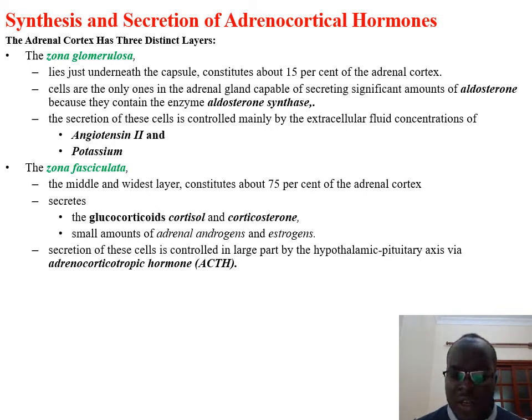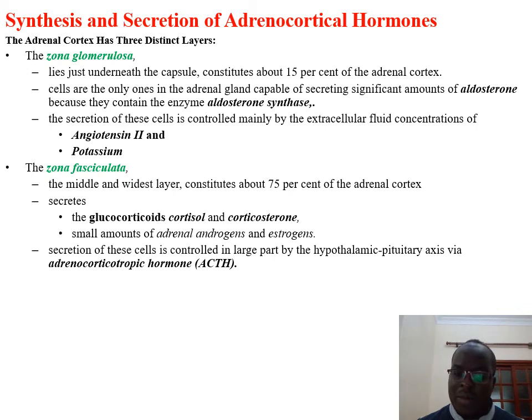Secretion of these cells is controlled in large part by the hypothalamic-pituitary axis via the adrenocorticotropic hormone. ACTH, produced by the pituitary gland, will stimulate the production of glucocorticoids and, to some extent, androgens.